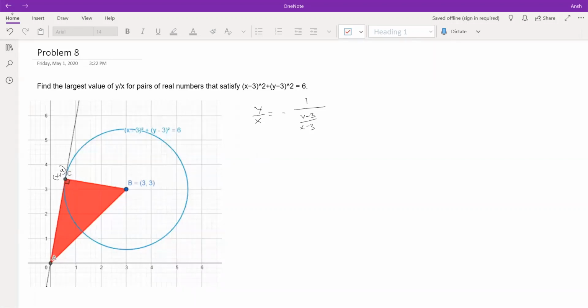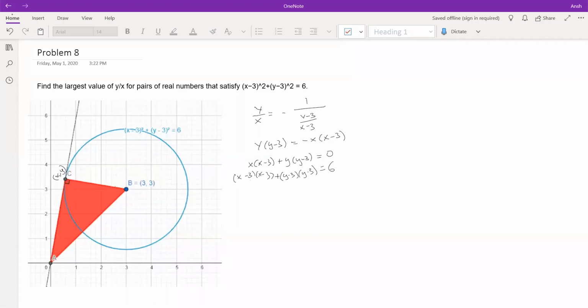Simplifying this a bit, we get that y times y minus 3 equals negative x times x minus 3. And if we rearrange this, we get x times x minus 3 plus y times y minus 3 equals 0. At this point, we might notice that this looks a little familiar. More specifically, it looks very close to the original equation of x minus 3 squared plus y minus 3 squared equals 6, which we can rewrite as x minus 3 times x minus 3 plus y minus 3 times y minus 3 equals 6.